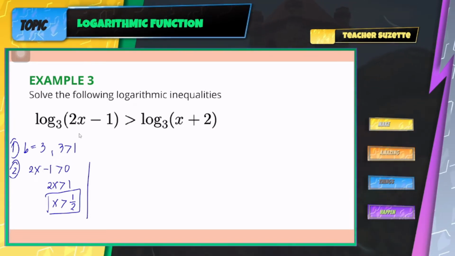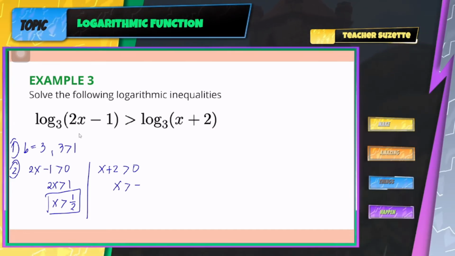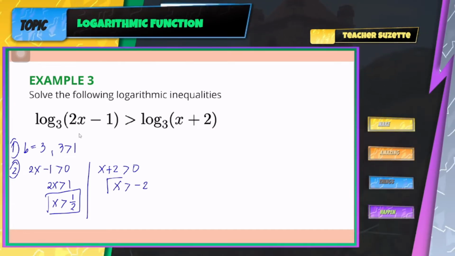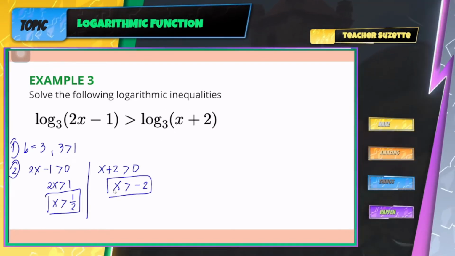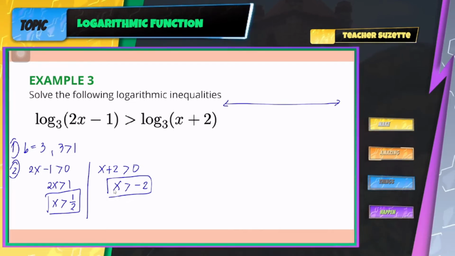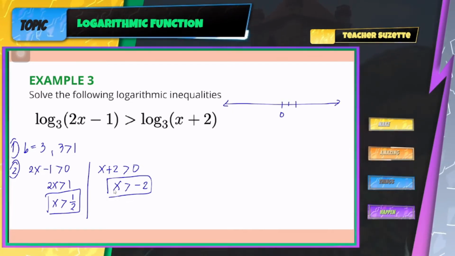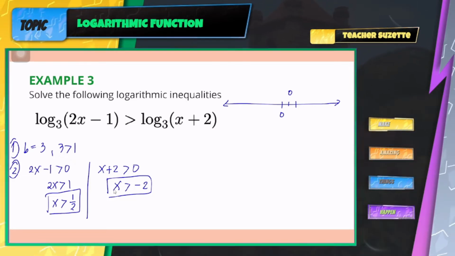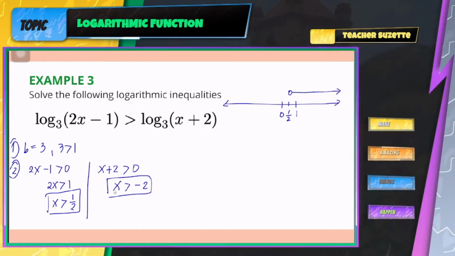So, the values that are greater than 1/2 will make your logarithmic expression defined. Next one, we have x plus 2 greater than 0. So, our x should be greater than negative 2 to make this logarithmic expression defined. So, let's visualize it on our number line. You have 0 and 1/2, and x should be greater than 1/2, towards positive infinity.